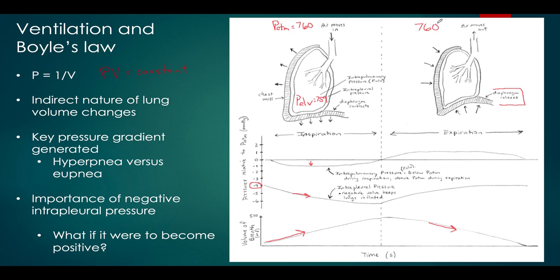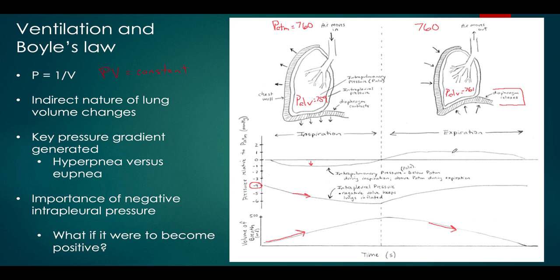Now, during expiration, what we're going to do is still 760 out here, right? The weather's not changing. You're still 760 out here, but now what are we doing? Now we are shrinking the thoracic volume, therefore we're shrinking the lung volume, and so our alveolar pressure is going to rise. If our volume is going down, then our pressure must be going up, and let's make it 761.